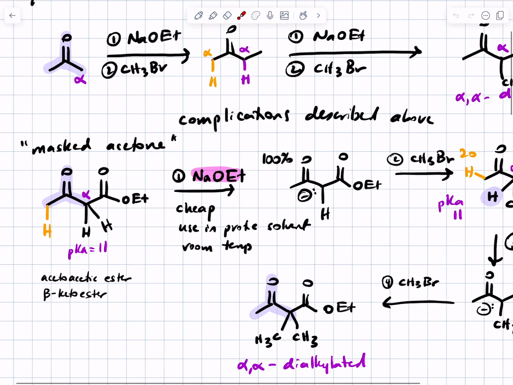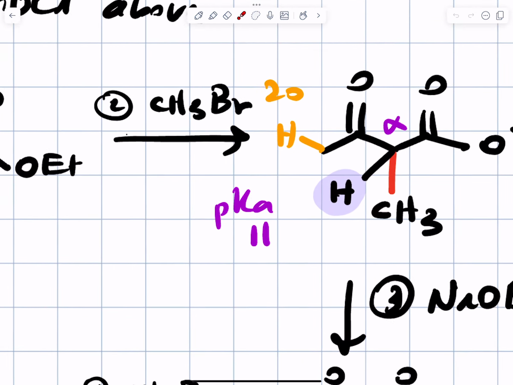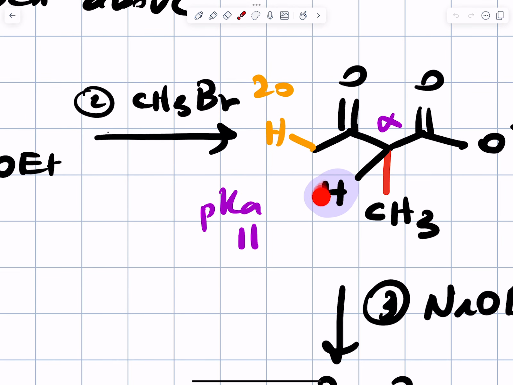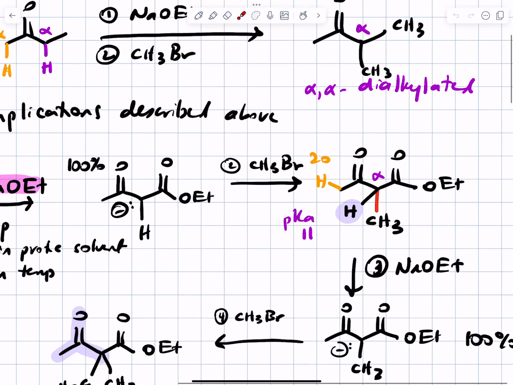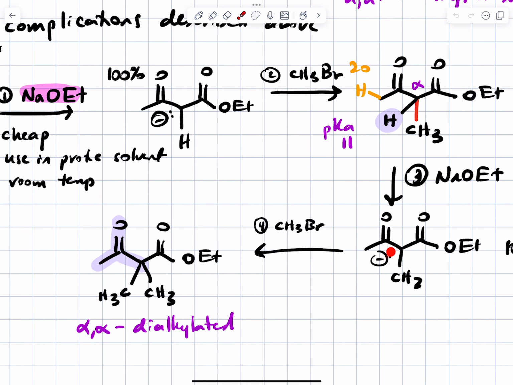And therefore, in the second step, when you do alkylation, there's no sodium ethoxide base left, only enolate. And then it's trivial to alkylate at that alpha carbon. And you can stop there if that's your desired product, or you've got a second alpha proton that's also acidic, which you can remove with another equivalent of sodium ethoxide and then alkylate again on the alpha carbon.